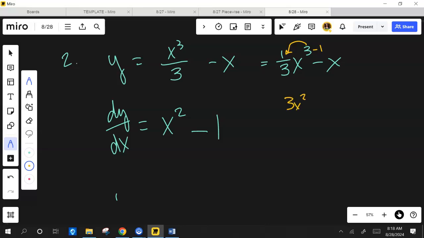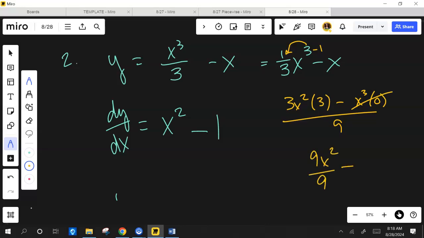Derivative of the top times the bottom minus the top times derivative of the bottom over the bottom squared. This is 0. This is 9x squared over 9 minus, right, oh yeah, minus 0. So x squared for that first piece. You can almost always use power rule. Don't make life harder than what it is.